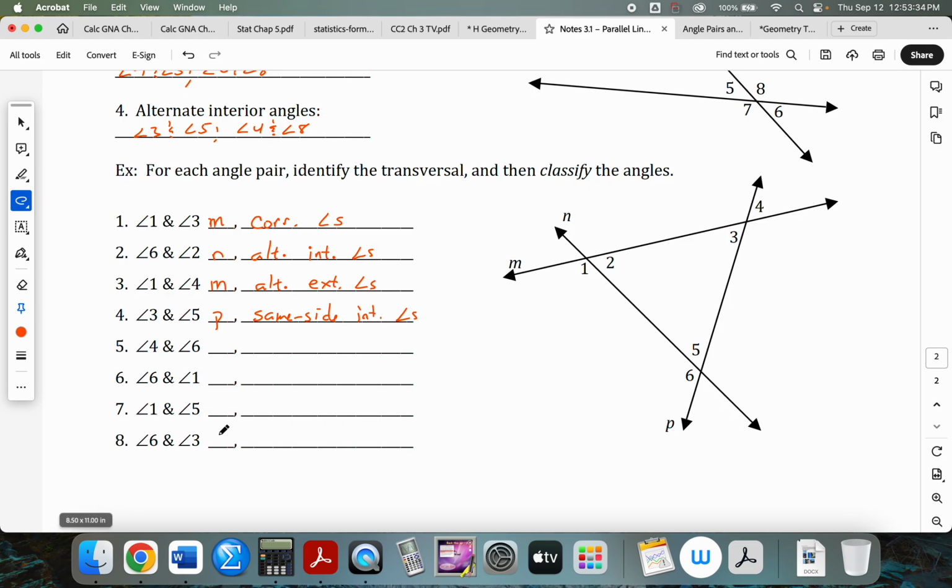All right. So let's see how you did. For 4 and 6, transversal is P, and those are alternate exterior angles.